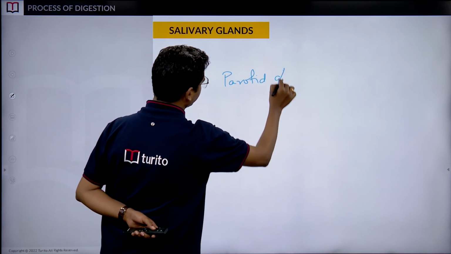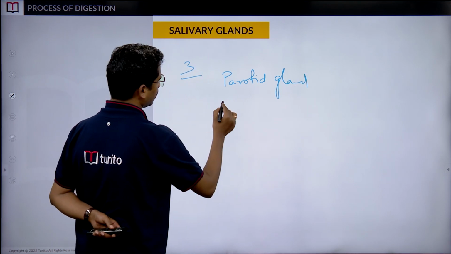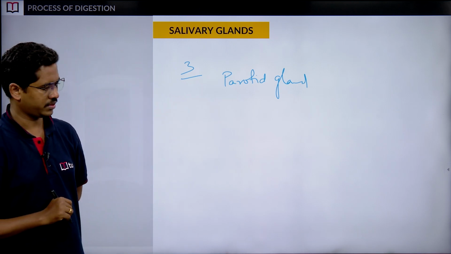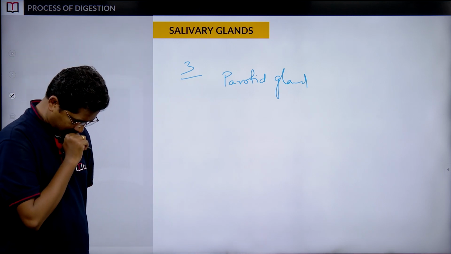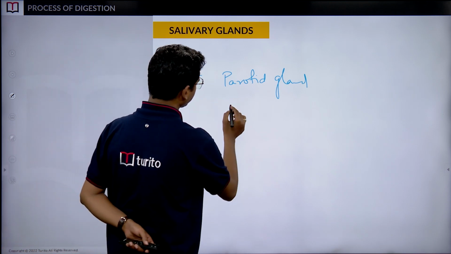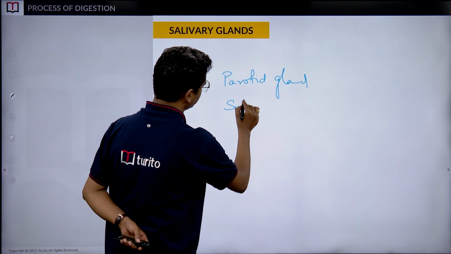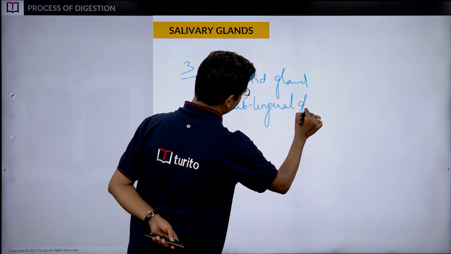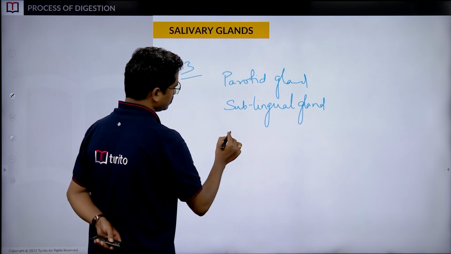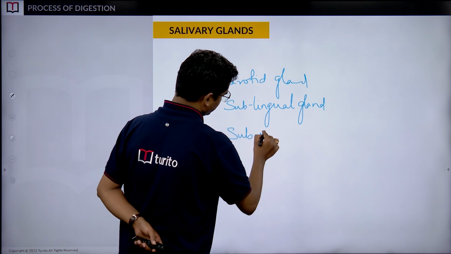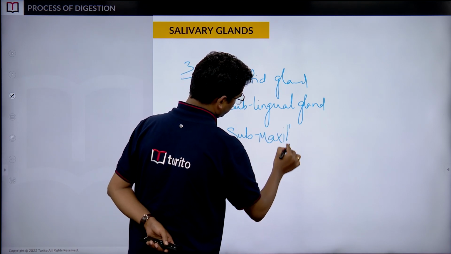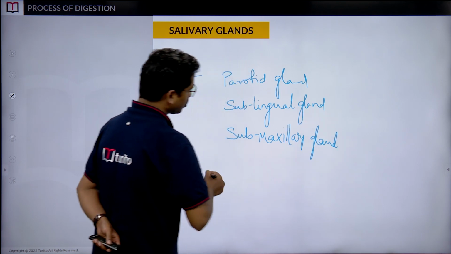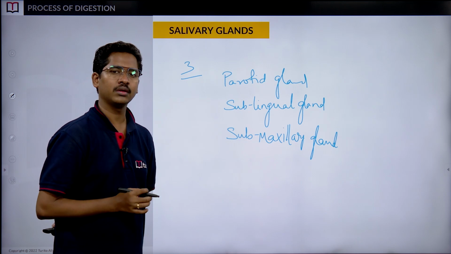So, the parotid gland, and so on. These are the 3 types of glands present in the buccal cavity.